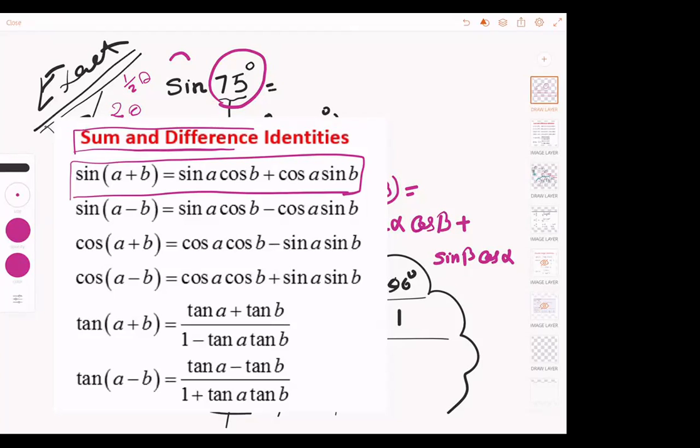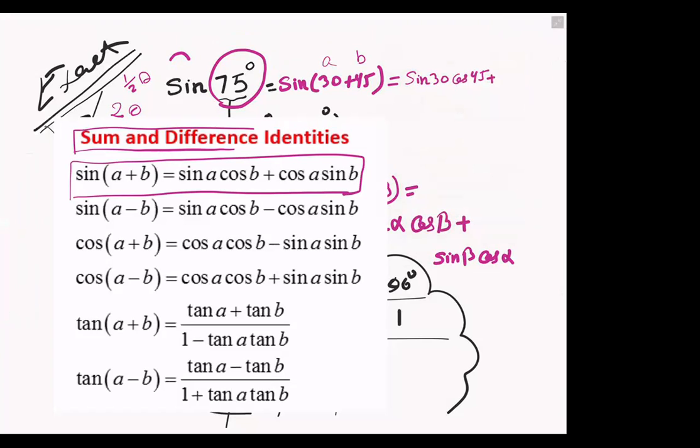So sine of alpha plus beta will be sine of 30 plus 45, equal to, so this is my A and that's my B, sine 30 cosine 45 plus cosine 30 sine 45.